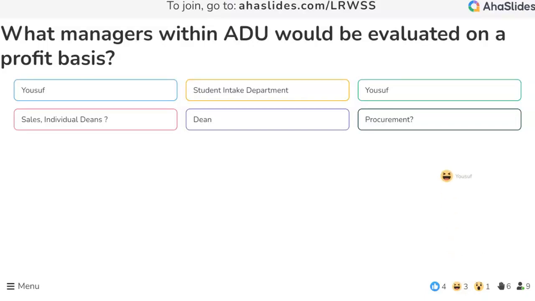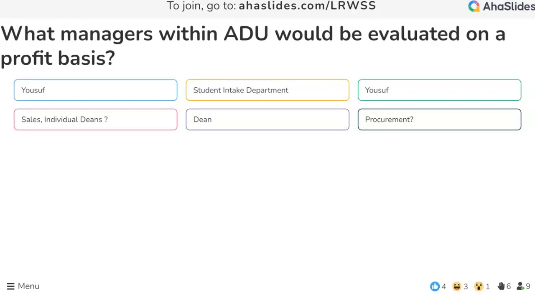Now, the dean of engineering is the same. They look at generating revenues by attracting engineering students, and they have to control costs, and they're judged on a profit level.